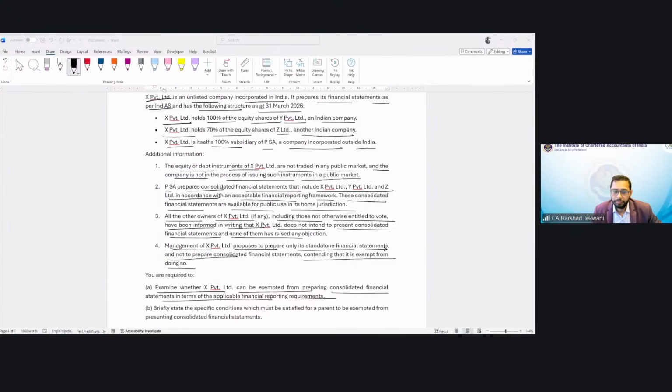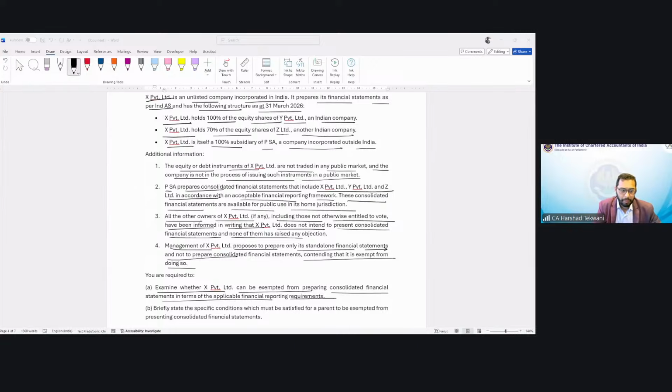Since it has that Indian subsidiary company, hence it is applicable. If there is no Indian subsidiary company, then it is not applicable in the hands of X Private Limited. So you are saying the exemption is available? No. Exemption is not available. The reason is that even though X Private Limited is a 100% subsidiary of PSA incorporated outside India, only if X Private Limited alone is the subsidiary of the foreign company is this exemption available and CFS is not needed.